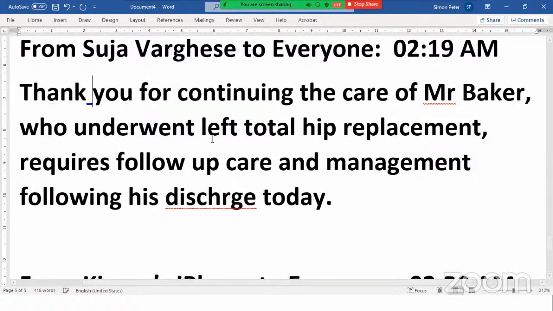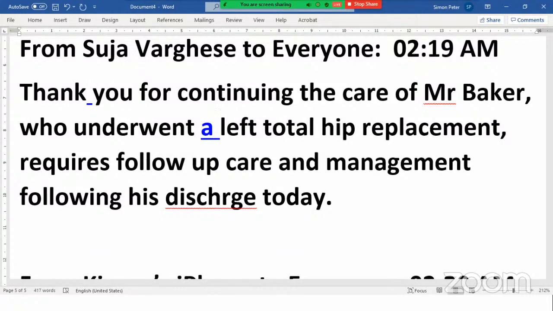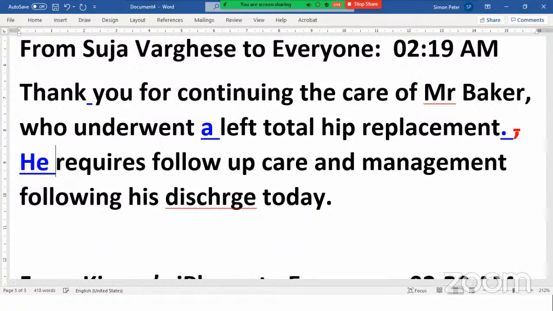Thank you for continuing the care of Mr. Baker, who underwent a left total hip replacement. Full stop. He requires follow-up care and management following his discharge. Follow is already used here.